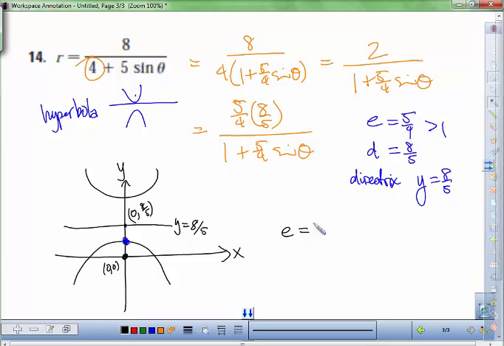The eccentricity, if you remember, is the ratio of the distance from the point to the focus divided by the distance from the point to the line. So let's see. The distance from a point to the focus is, I don't know, what's that point? Oh, that's what we're looking for. Let's call it P, little p.